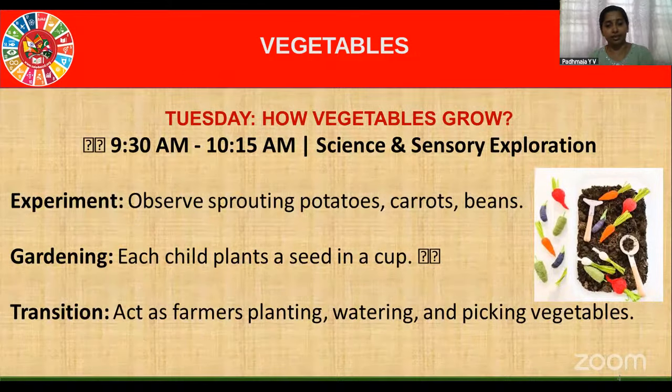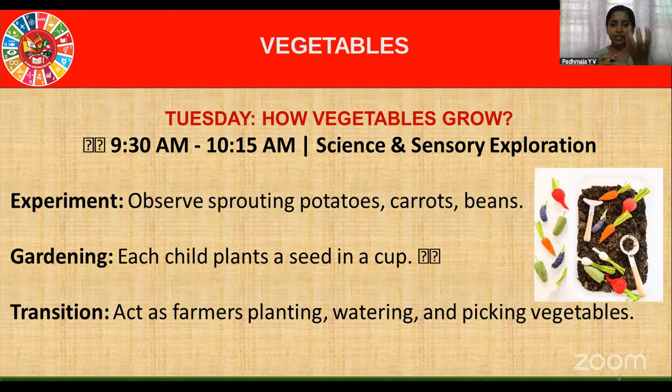Then gardening. Each child plants a seed in a cup. I have told, on Tuesday itself, the child will do an activity so that on Thursday they can observe and know more about it.